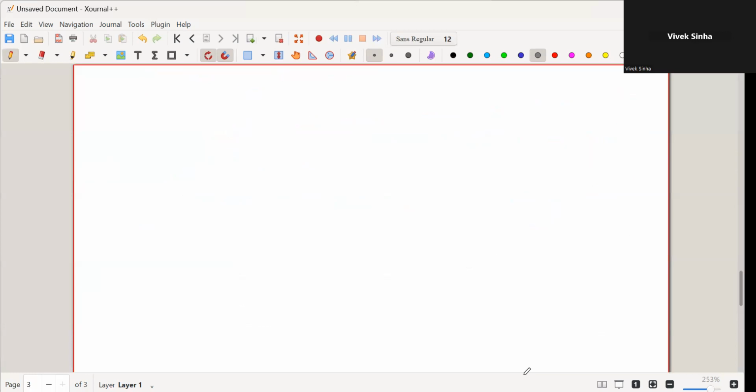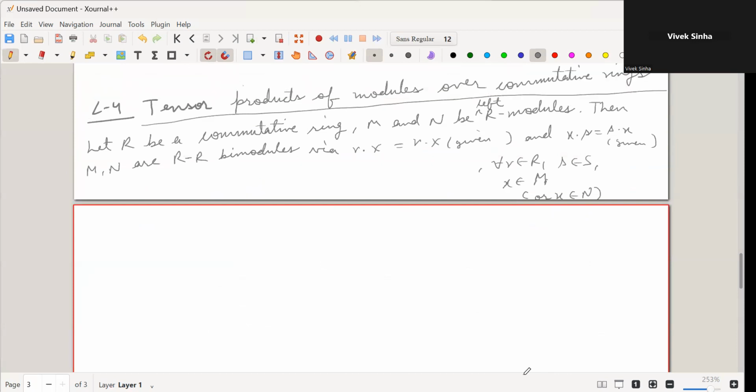So now what is crucial is you have the R-R bimodule structure over M and N. Look at this tensor product M tensor over R of N. This is an R-R bimodule, and this is also an R-R bimodule.